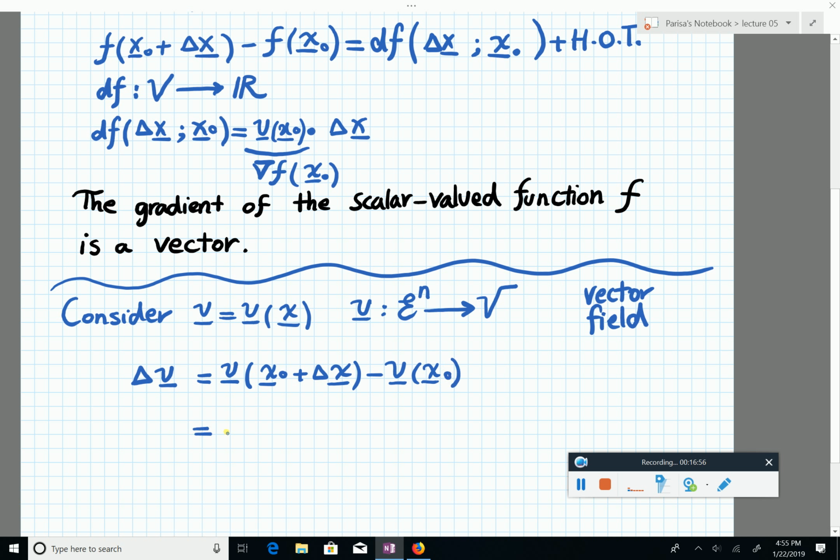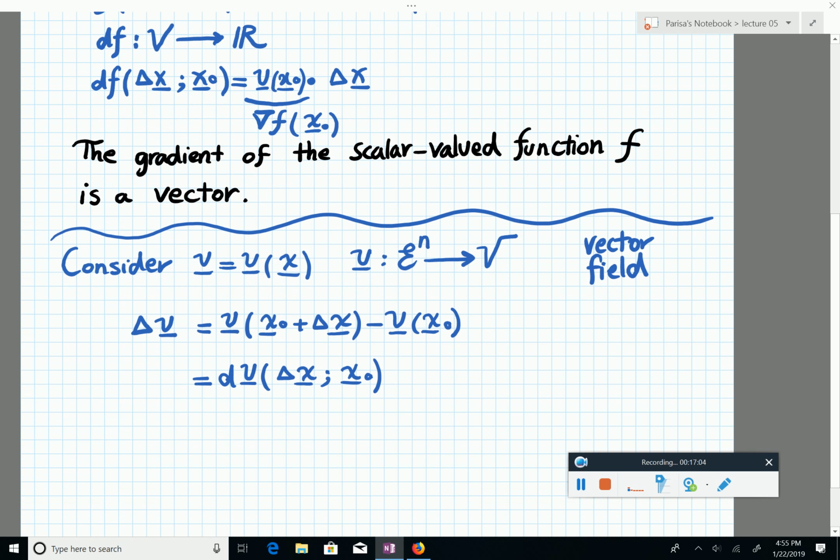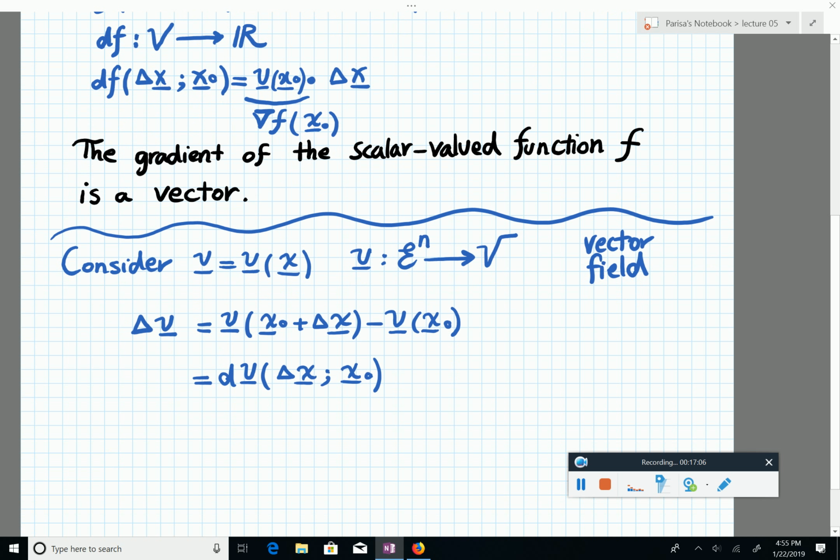And I guess by now, hopefully, everyone can quickly see that this becomes the differential, that's the first order approximation, plus higher order terms, which in this class we don't really consider, right?